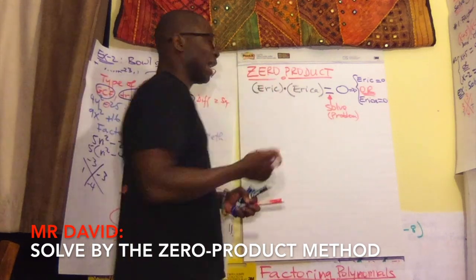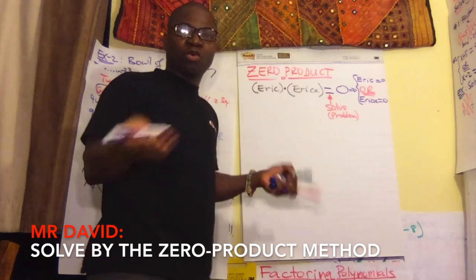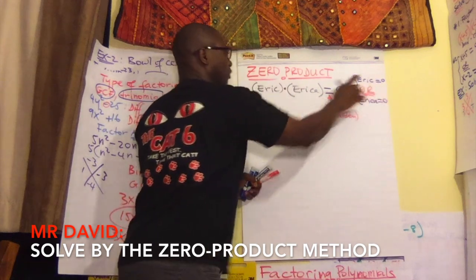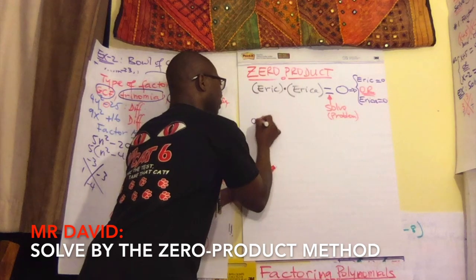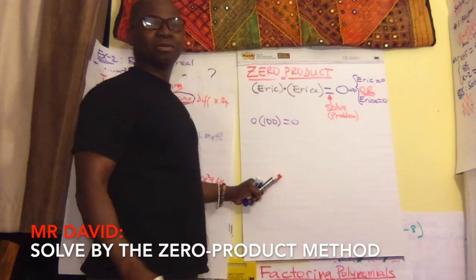That's what the 0 product means. One of them got 100, we don't know which one, and one of them got a 0, and we don't know which one. So what this means is, if Eric got a 0, then Erica got 100. It gives us a 0.